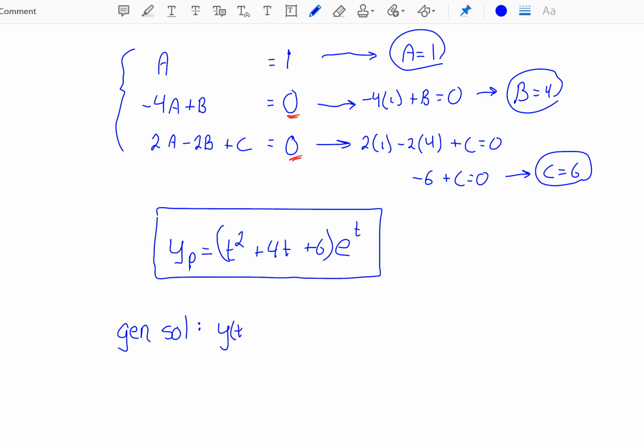Using the non-homogeneous principle, it would have to be your homogeneous solution plus your particular solution to the non-homogeneous equation. And so it would look something like this.